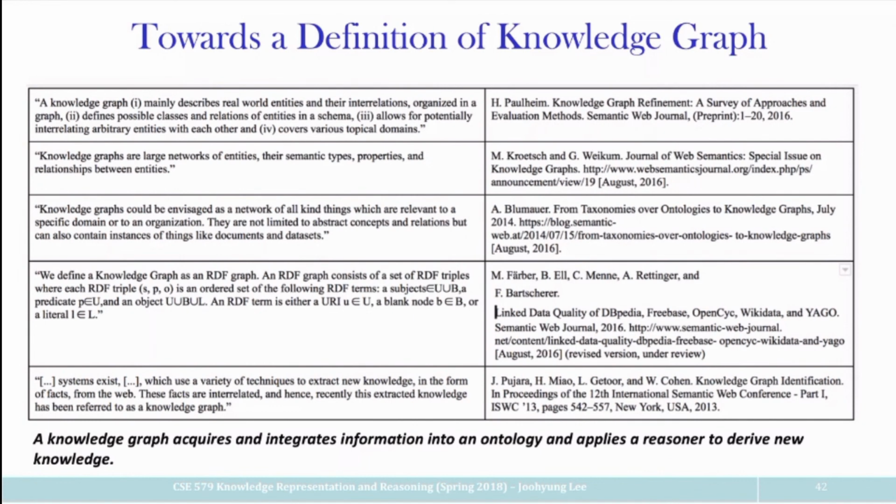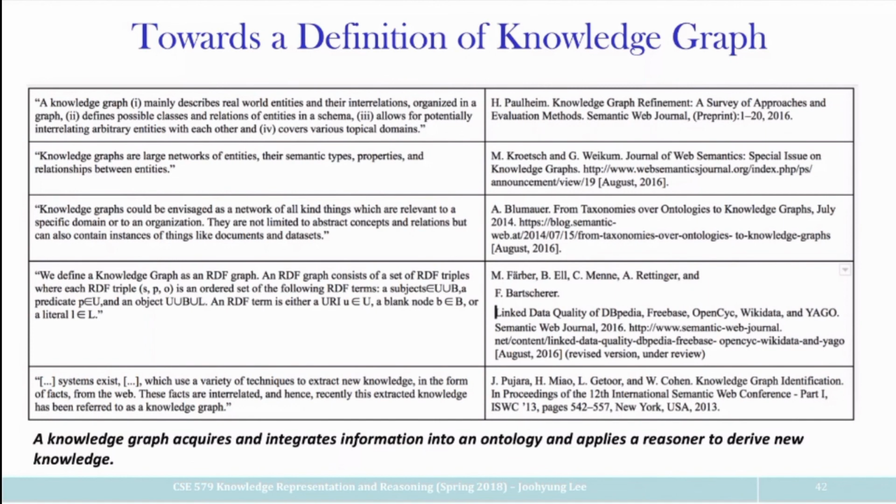I don't know whether you can read it, but these are definitions of knowledge graph from different sources. The first says a knowledge graph mainly describes real-world entities and their interrelations organized in a graph, defines possible classes and relations, allows for potentially interrelating arbitrary entities with each other, and covers various topical domains.